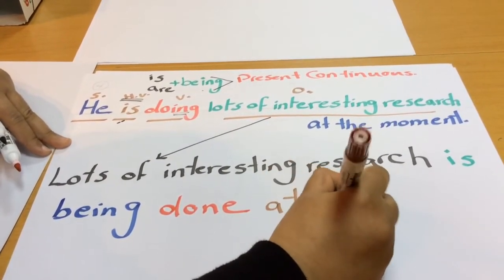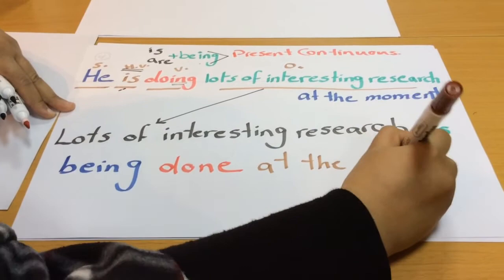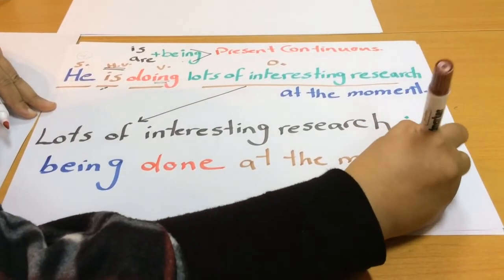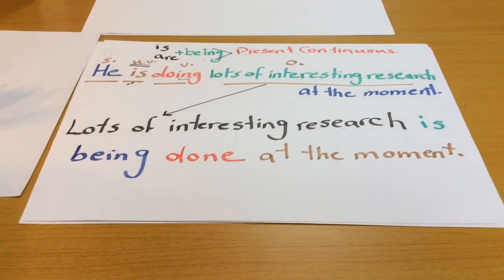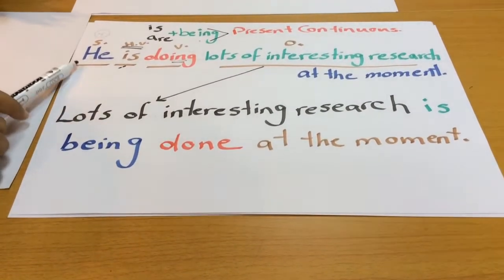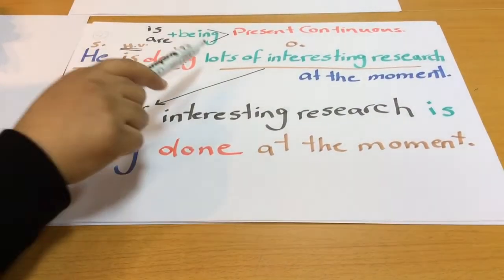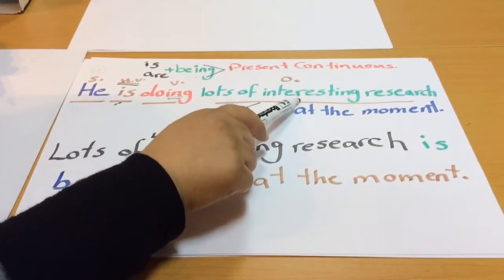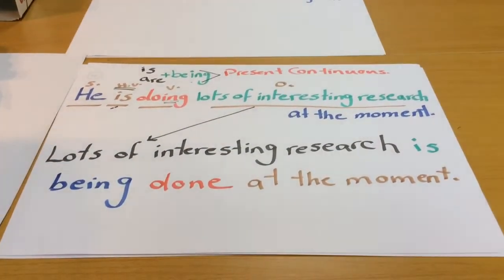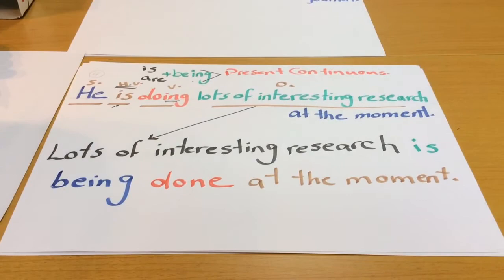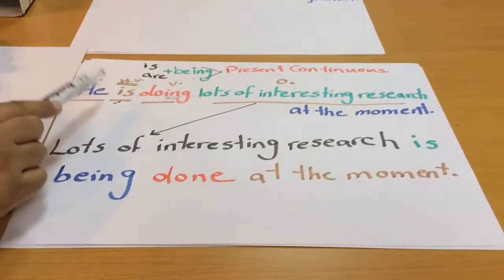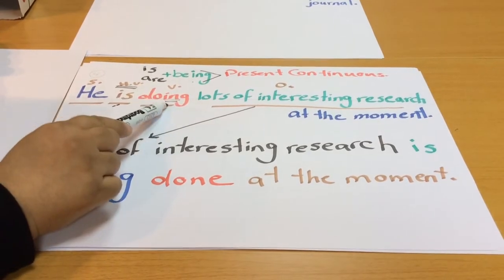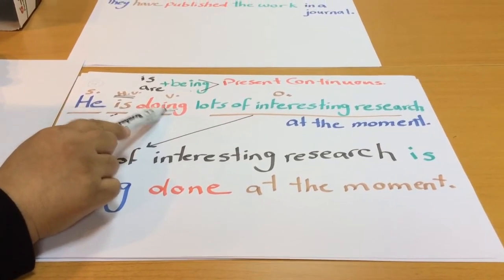Again, let's look at the sentence. He is doing lots of interesting research. In which tense is this sentence? It is in the present continuous because we have is with the verb doing with ing.